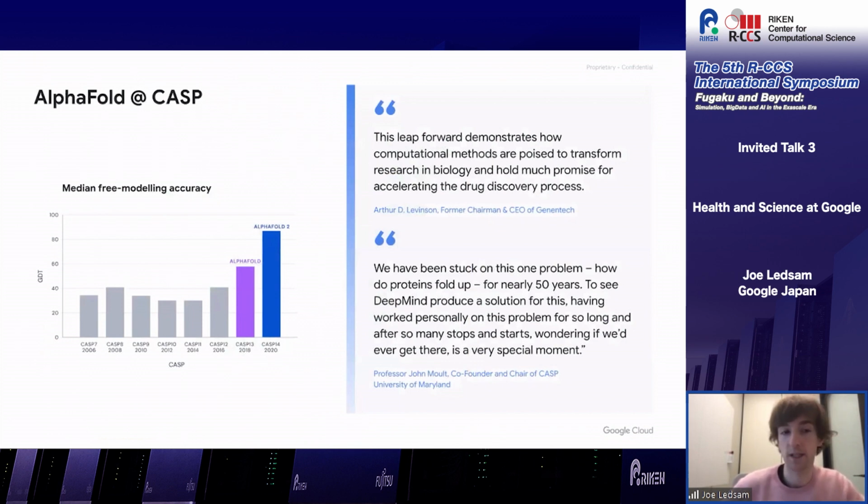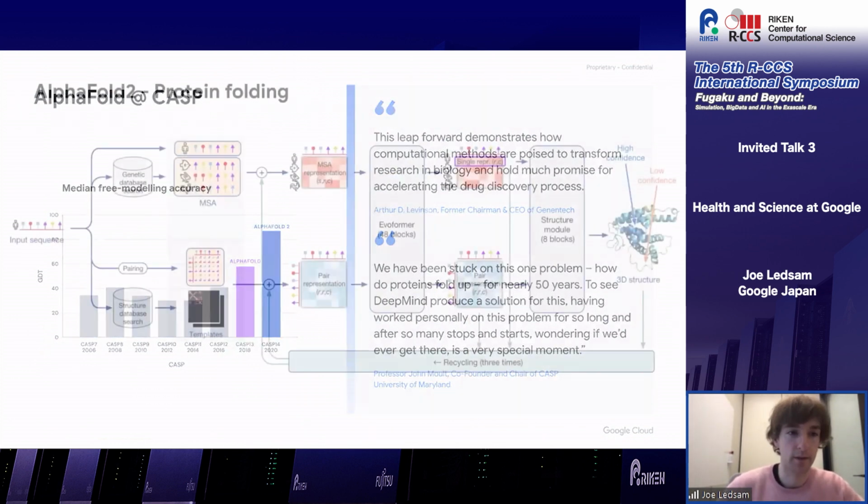Subsequently, AlphaFold 2 was entered again with substantial improvements and a different architecture, and again did even better. Although AlphaFold wasn't entered last year in the CASP competition, all of the top performing models were based on AlphaFold's architecture. So this seems a real breakthrough in the field.